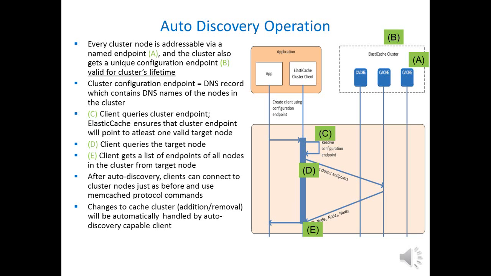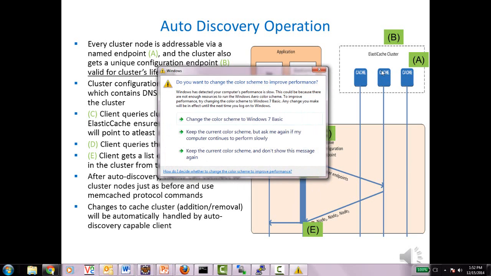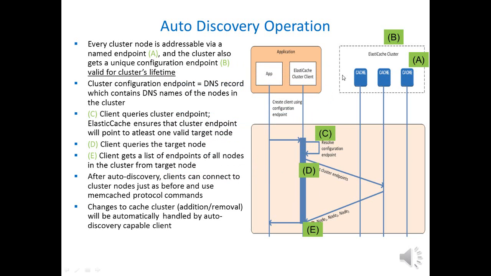So when the cluster client connects to one of the nodes, it can get the information about all the other nodes in the cluster, and thereby it gets what are the nodes there, and if one of the nodes goes down, it's easier for the cluster client to detect that.